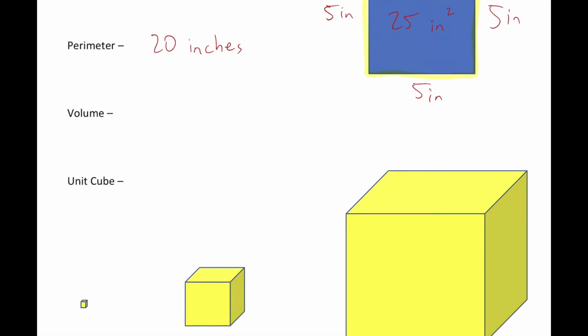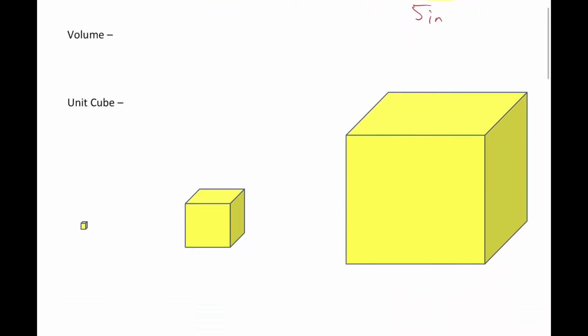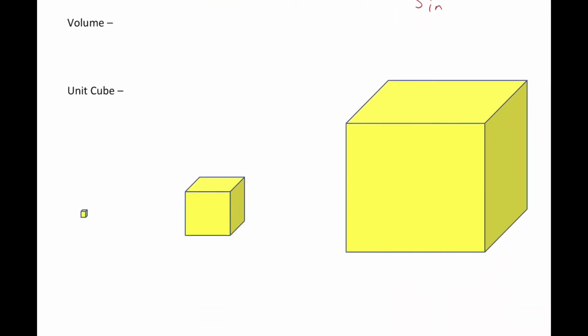Now we do need to talk about what a unit cube is. Now a unit cube is just a cube that's just one unit on all sides, depending on whatever that unit is. So I could have 1 centimeter by 1 centimeter by 1 centimeter, and there's a centimeter unit cube. I could have 1 foot by 1 foot by 1 foot.